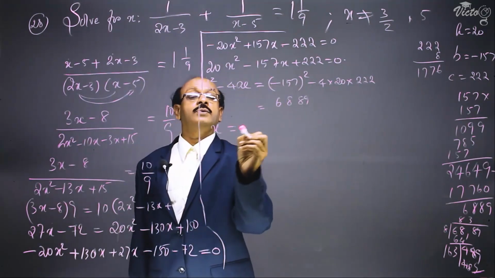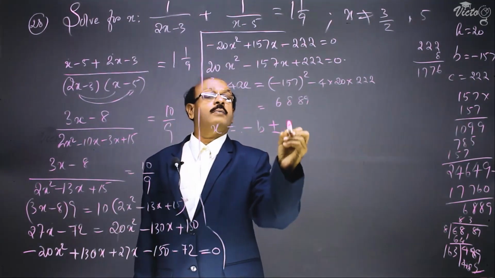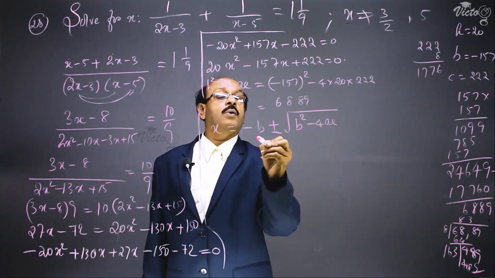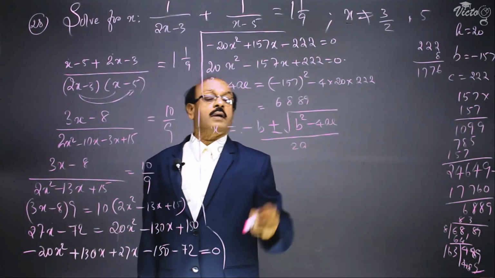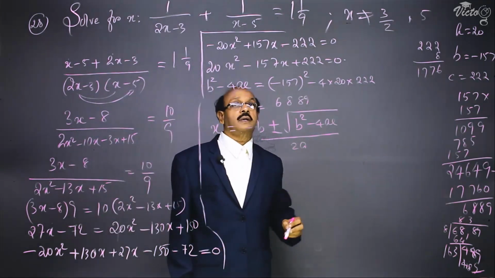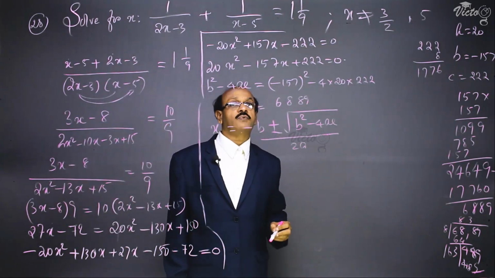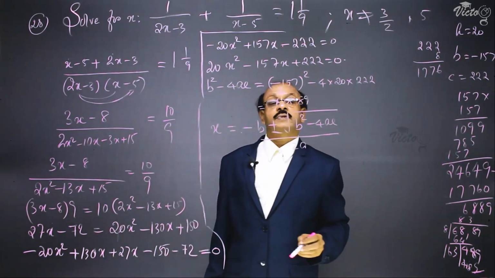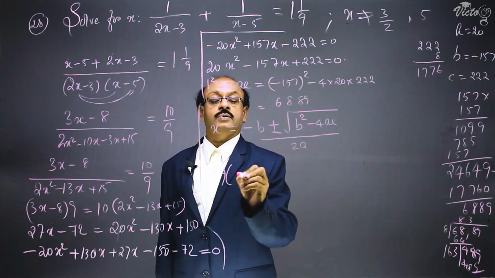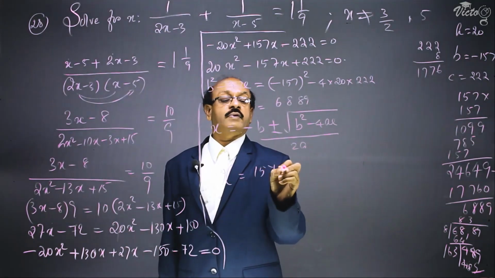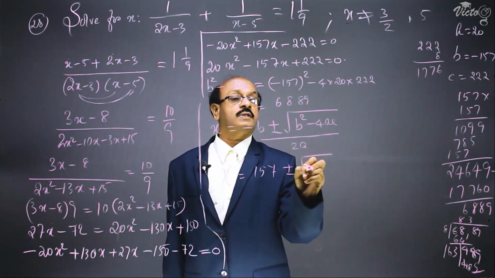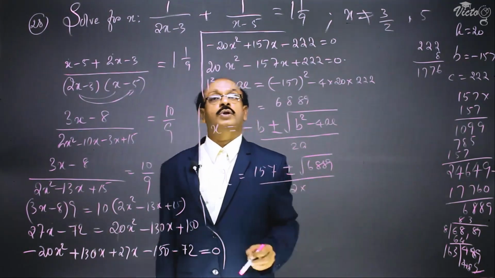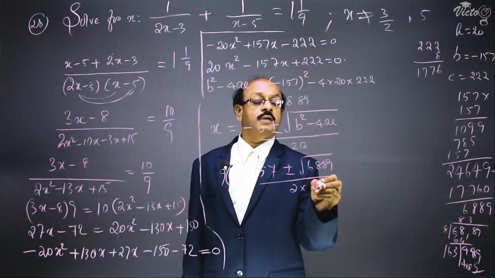x is equal to minus b plus or minus root of b square minus 4ac, the whole divided by 2a. The value of b is minus 157, therefore minus b is equal to 157. x is equal to 157 plus or minus root of 6889, the whole divided by 2 into the value of a, which is 20.